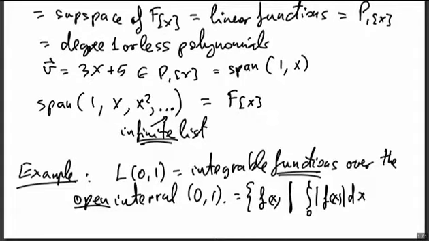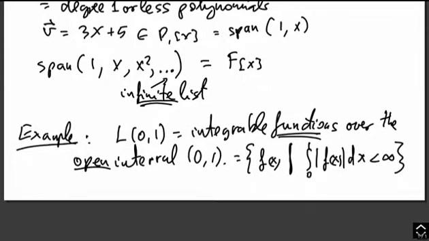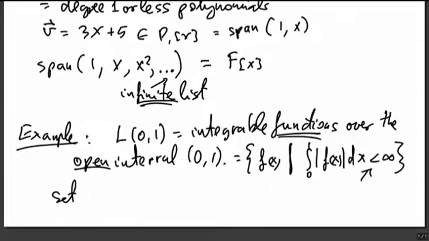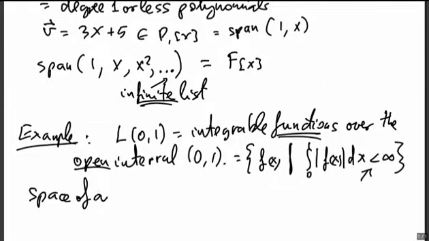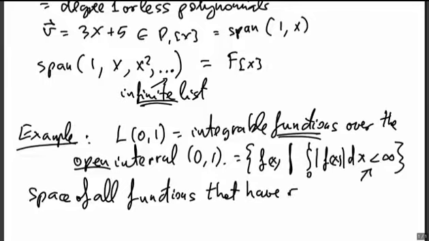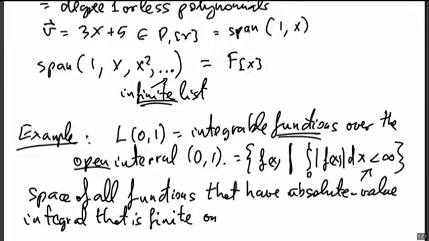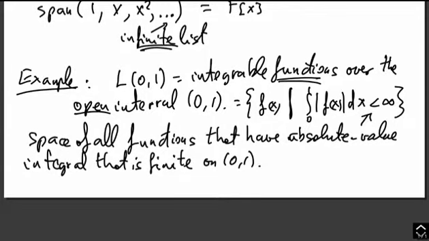So the integral of the absolute value from 0 to 1 is less than infinity. So this is the set of all functions that have a finite integral. In fact, this is the space of all functions whose absolute value integral is finite on the interval (0,1). So let me mention why this is actually a vector space.